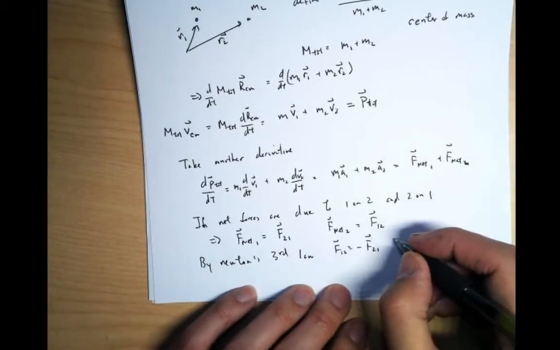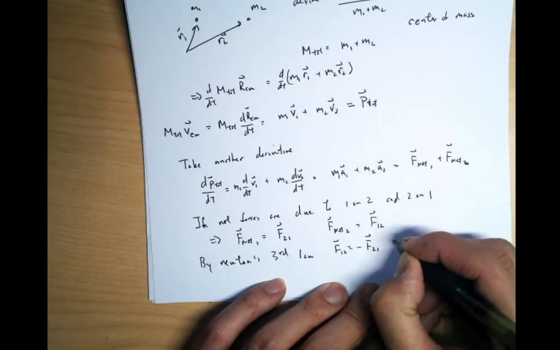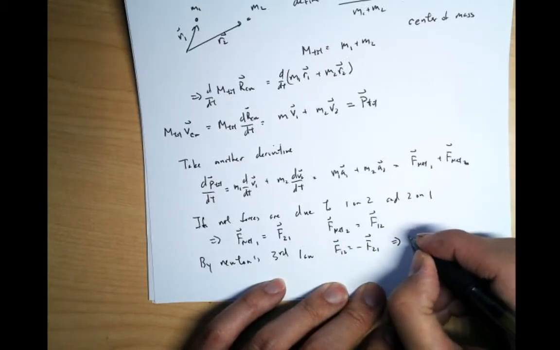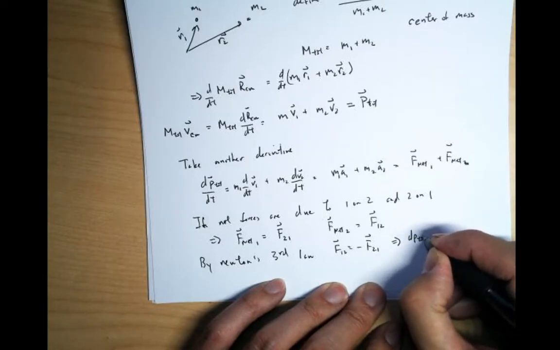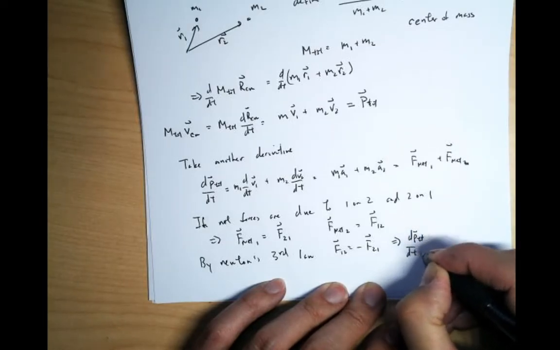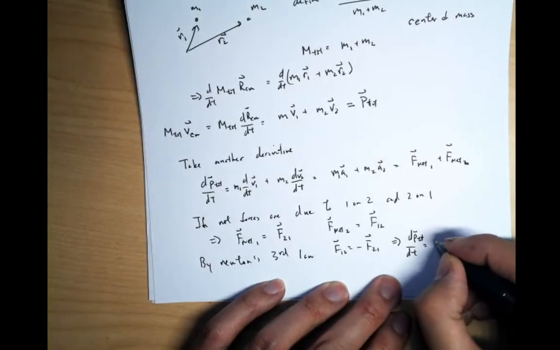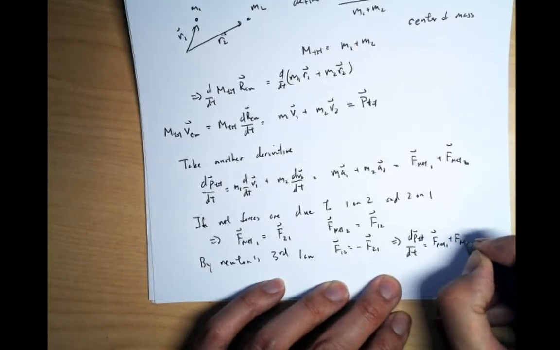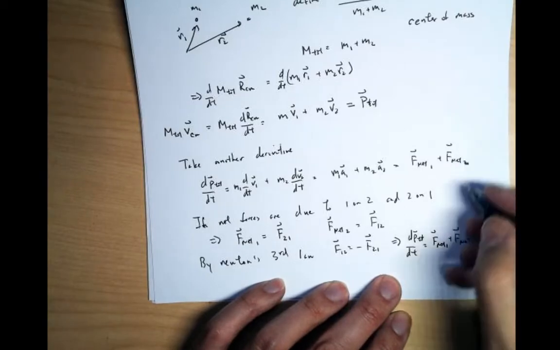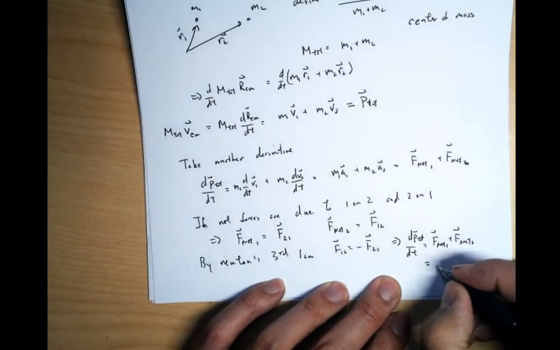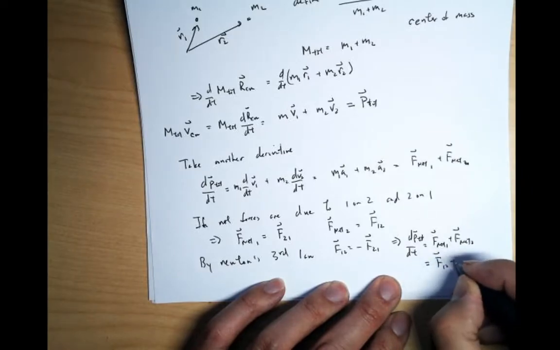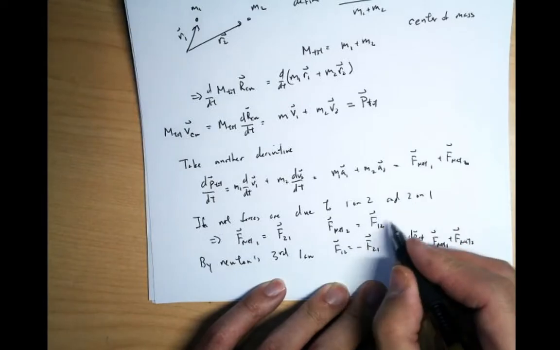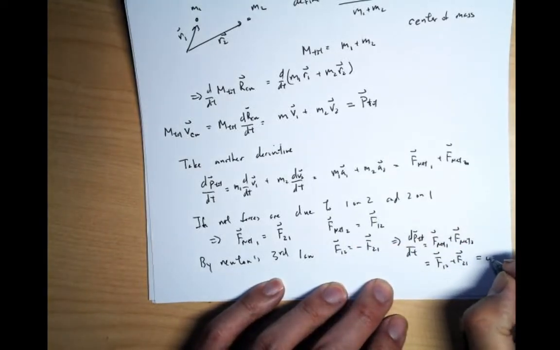And so what that implies is that dP total/dt, which is F net of 1 plus F net of 2, right? That's just that term right there. That's equal to F of 1 on 2 plus F of 2 on 1. These are equal and opposite in sign because of here. It's equal to 0, okay?